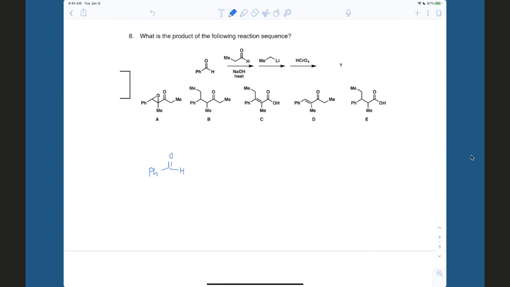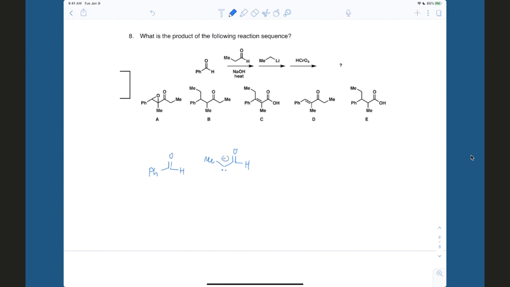Claisen-Schmidt. All the fancy names. So this is one of the situations where we have an enolizable aldehyde and a non-enolizable aldehyde. This means we can do a crossed aldol reaction.